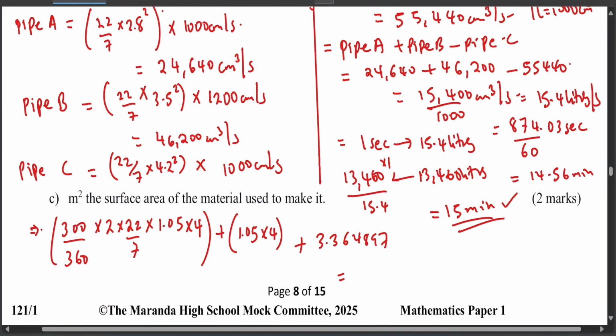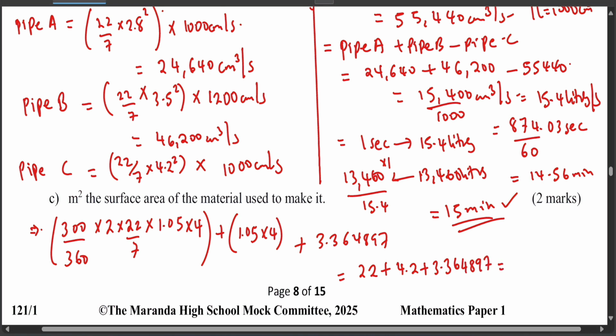So 300 over 360 times 2 times 22 over 7 times 1.05 times 4 itakupa 22 hapa, na 1.05 times 4 itakupa 4.2. Sawa, plus hiyo 3.364897. Andika tu for significant figure. Mimi nimeandika hivi kwa sababu ya error, sitaki nipate error kubwa hivyo.